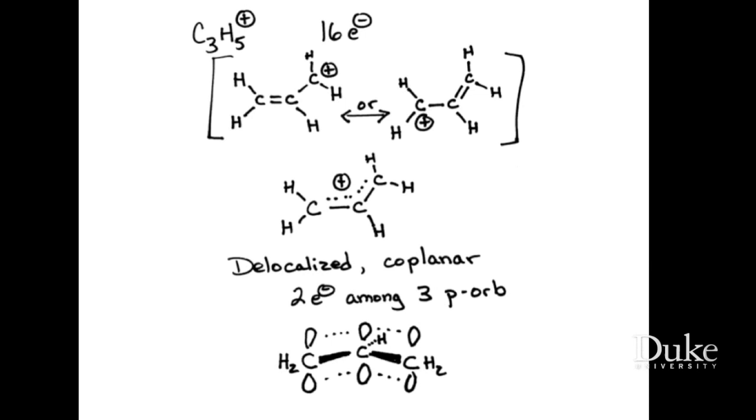And in this case, there's a low energy molecular orbital that has constructive interference, good mixing between the 3 p orbitals. You can think of that as a delocalized molecular orbital that has a pair of electrons in it. And that corresponds to the averaging of the 2 resonance structures from the Lewis dot picture of the electronic structure of this molecule.